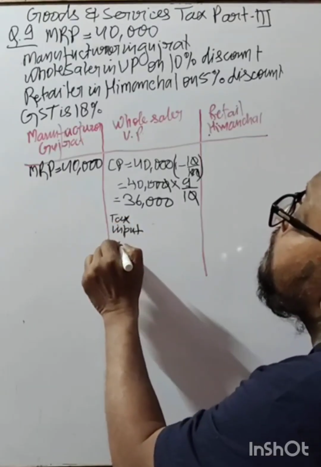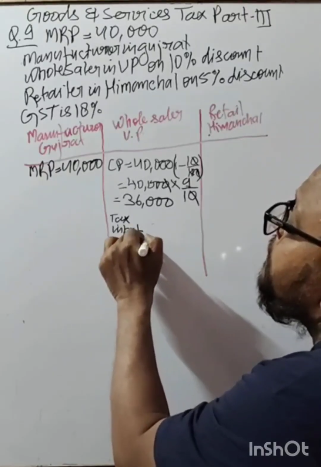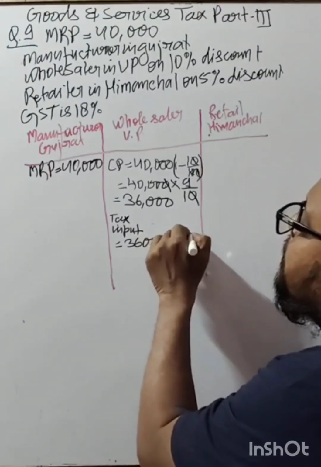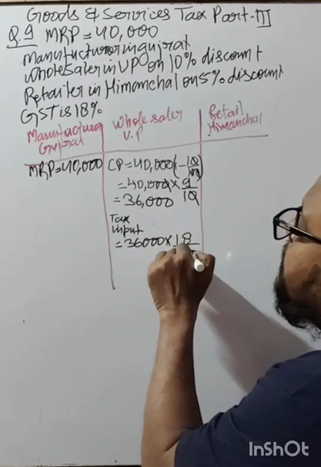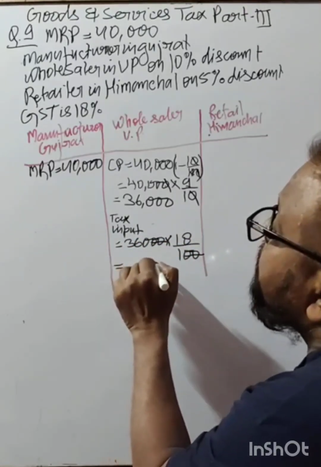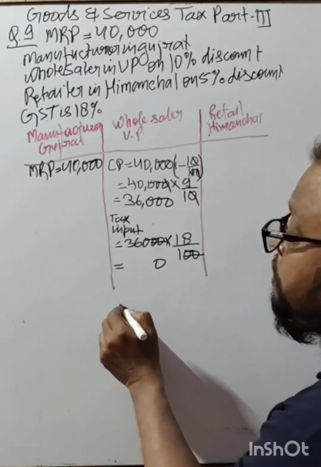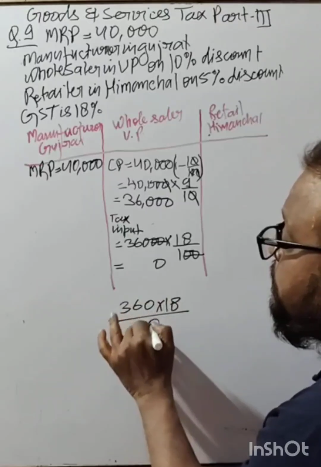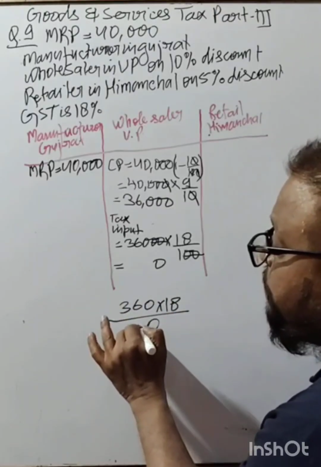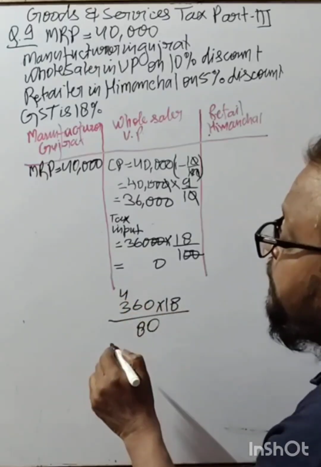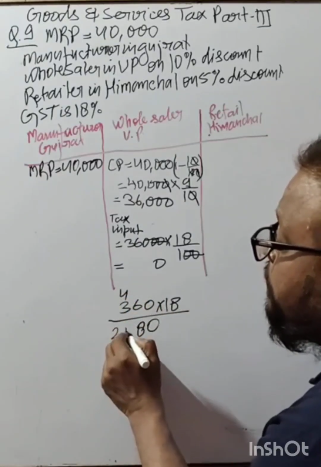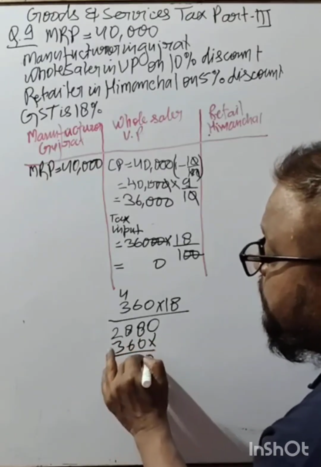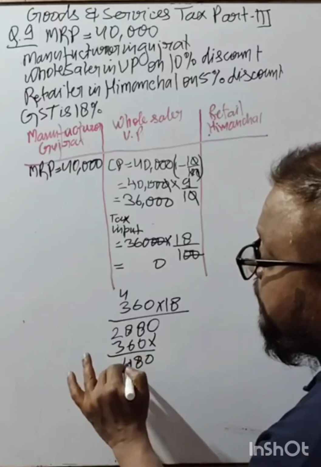tax input is equal to 36,000 into 18%. So how much is it? 360 into 18. 8 times 6 becomes 48, we get 4. 8 times 3 becomes 24, plus 4 is 28.